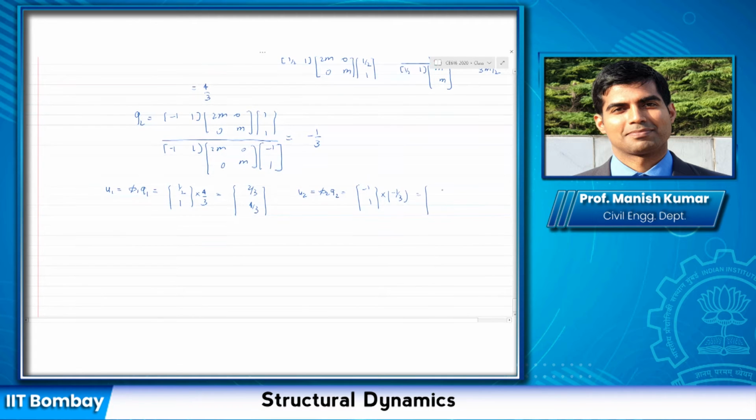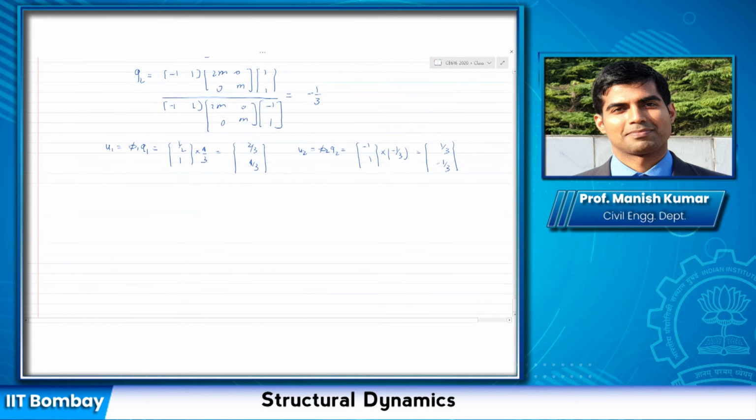So this gives you 1 by 3 and minus 1 by 3 at the second degree of freedom. So the total response is u1 plus u2, which basically we have been writing as phi1 Q1 plus phi2 Q2. So the total response that I get here is 2 by 3, 4 by 3 plus 1 by 3, minus 1 by 3, which is basically 1 1, if I add.